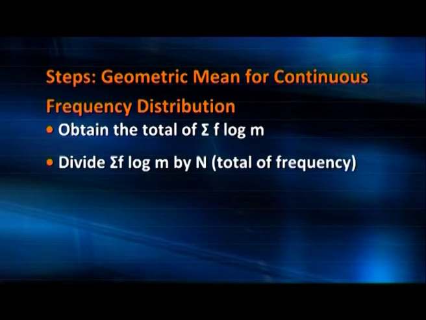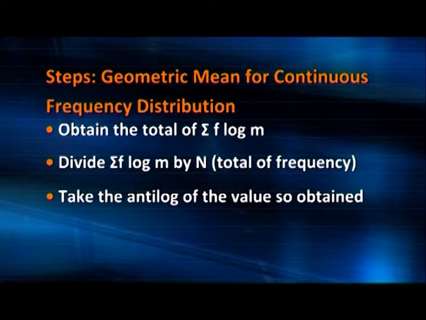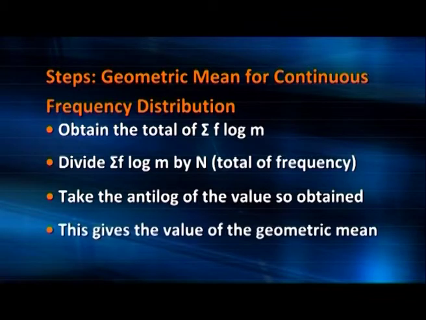Divide summation of f log m by n, total of frequency. Take the antilog of the value so obtained. This gives the value of the geometric mean. Therefore, geometric mean is equal to the sigma or total of the product of the frequency with the logarithm value of the x variable divided by n.